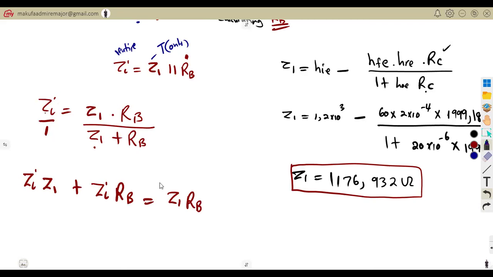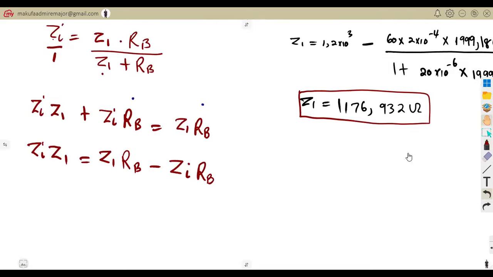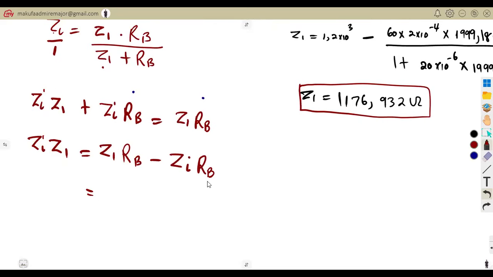You need to find RB, so let's make it the subject. It's going to be Zi Z1 is equal to Z1 RB, and you take Zi RB to the other side, where it becomes a negative. So you need to make RB the subject. Just factor it out because it's common here. So RB is going to be times Z1 minus Zi, like this, and this is Zi Z1.